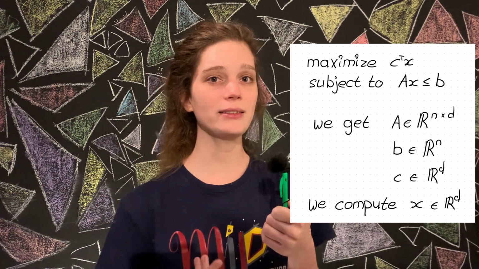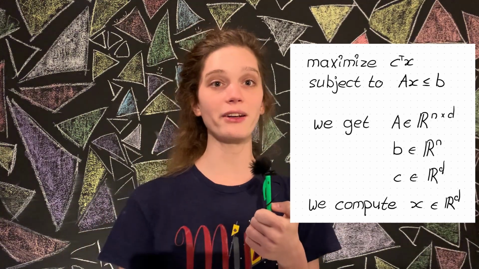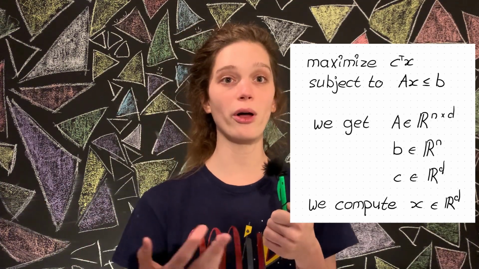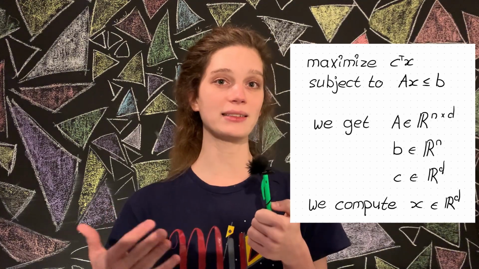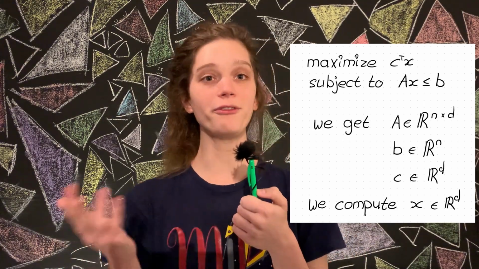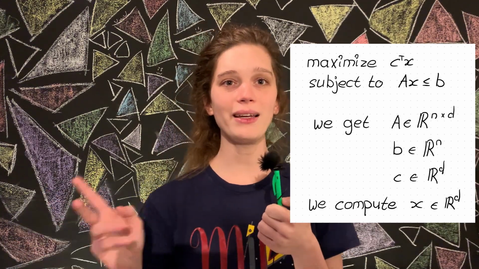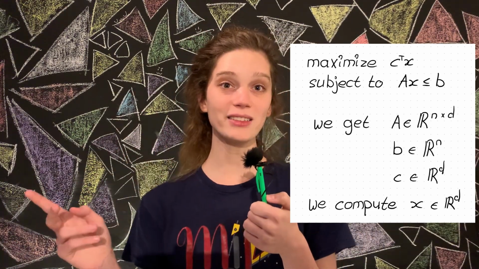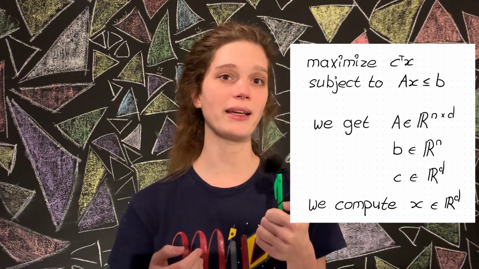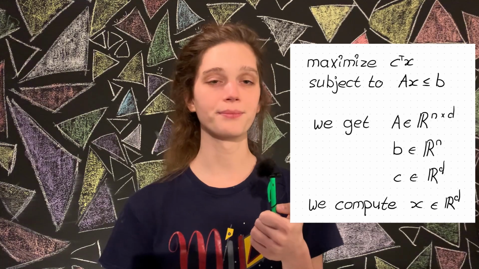And it is our task, first of all, to find if there exists a vector X such that the system of inequalities, AX at most B, is satisfied. Such an X we would call feasible. Note that here we are comparing two vectors of equal length. So this inequality sign means that we are making a coordinate-wise comparison.